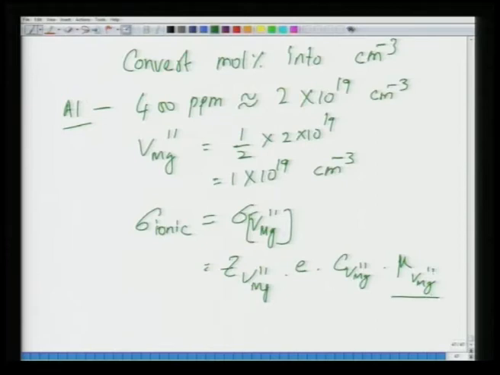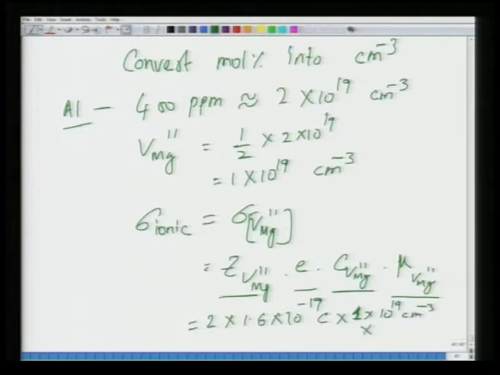Now mu V_Mg we have already calculated, C_VMg we know, electron charge we know, and Z_VMg is 2. So this would be 2 into 1.6 into 10 to the power minus 19 coulomb multiplied by 1 into 10 to the power 19 per centimeter cube multiplied by mu.